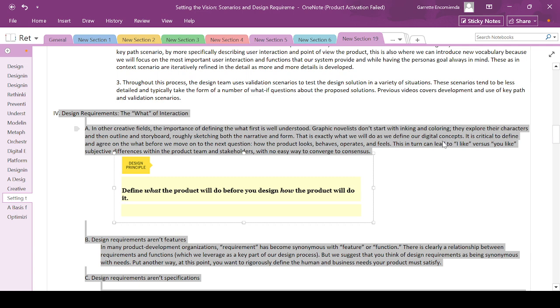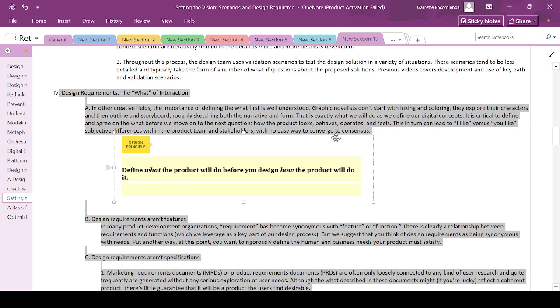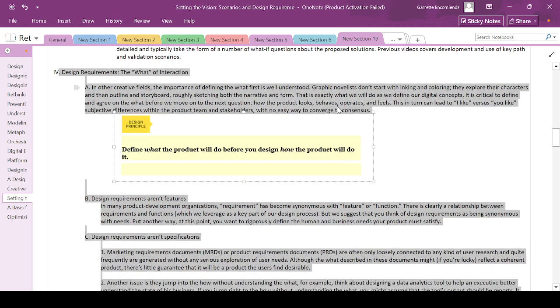They explore their characters and then outline and storyboard. So they describe the role or the actor and outline that in a storyboard, in cards. It could be cards or roughly sketching both the narrative and form, or providing the actual form or prototype. That is exactly what we will do as we define our digital concepts.